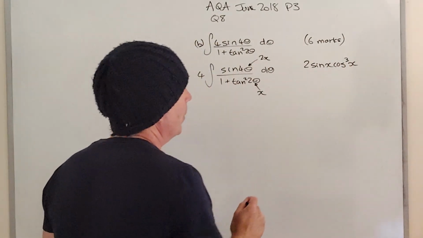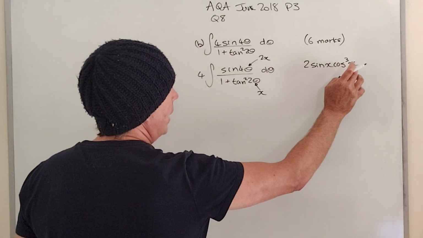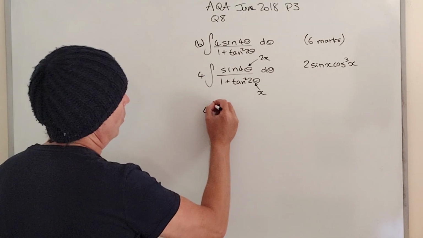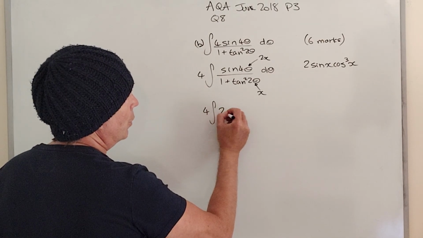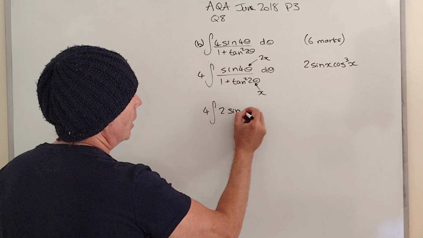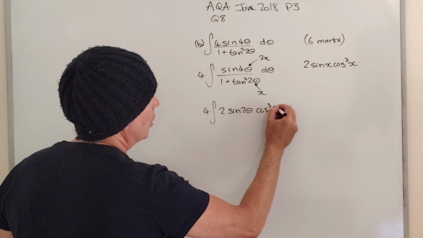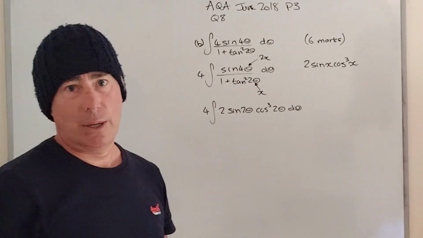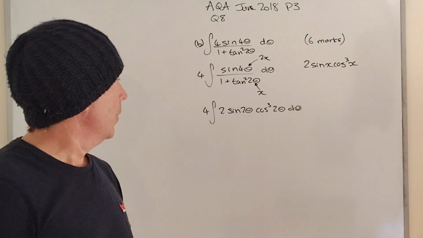Whoops, I'll get the power right. Okay, so we're now going to replace 2 theta with x, and we'll go ahead and make our integral. So it's going to be the integral of 4 lots of 2 sine 2 theta cos cubed 2 theta d theta. So that's an equivalent integral by using our replacement, our trig identity.